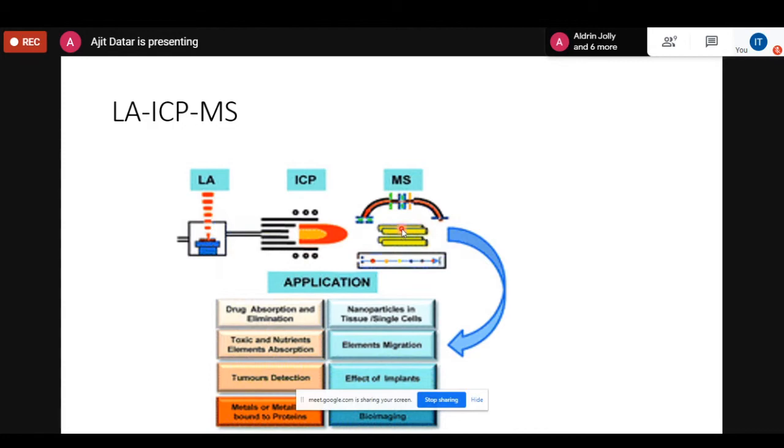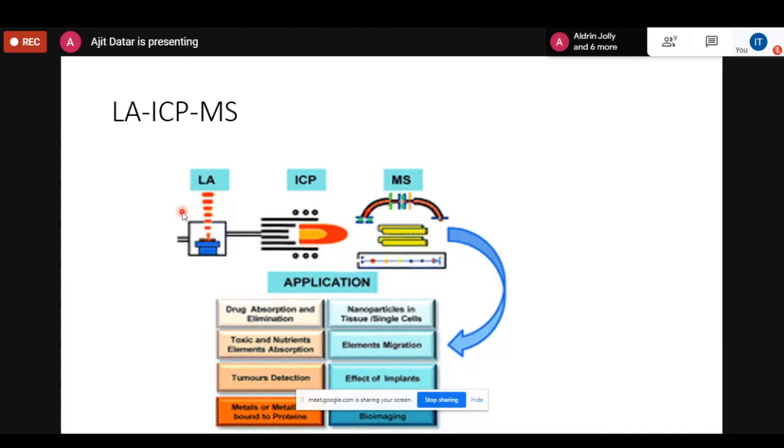But at a particular retention time, say arsenic 3 will come, at another retention time arsenic 5 will come, and then you can find out the valence state of arsenic 3 or arsenic 5 by using ion exchange chromatography coupled to ICP coupled to MS. Okay, so that's one way. If you want to analyze directly on a tissue, you can use a technique like laser ablation, but it will again give you total arsenic.